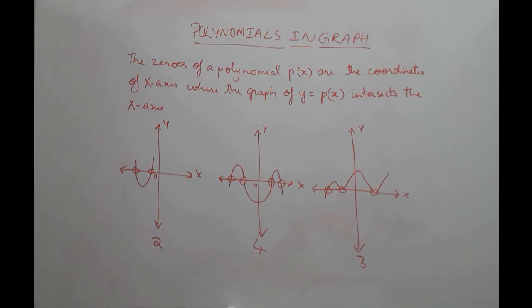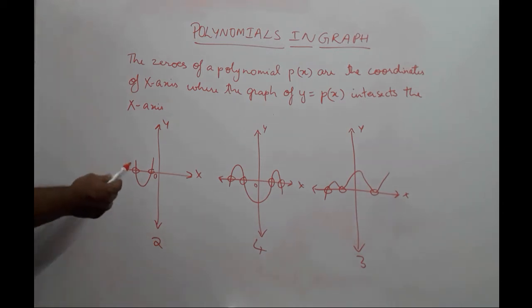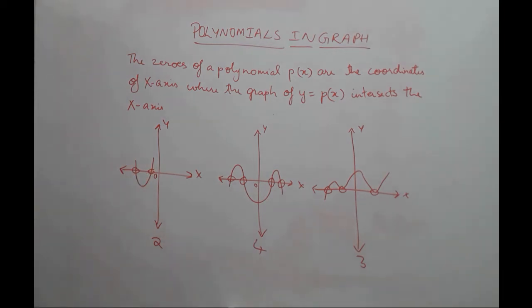Wherever on a graph it is given y equal to p of x, and you're asked to find how many zeros that particular graph will have, you only have to check at how many places the line is crossing the x-axis, and those many number of zeros are there for that particular polynomial.